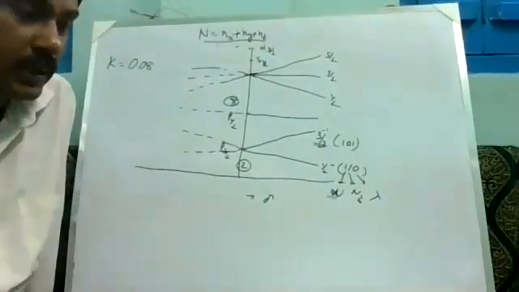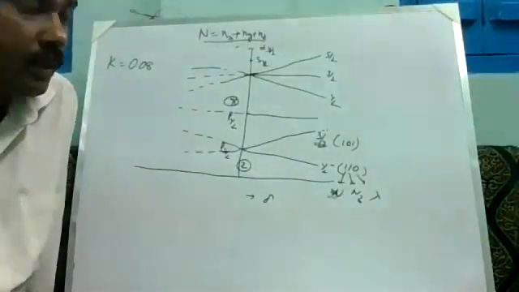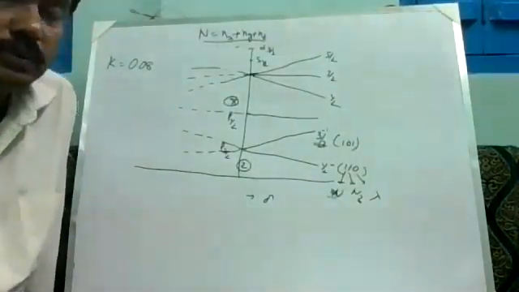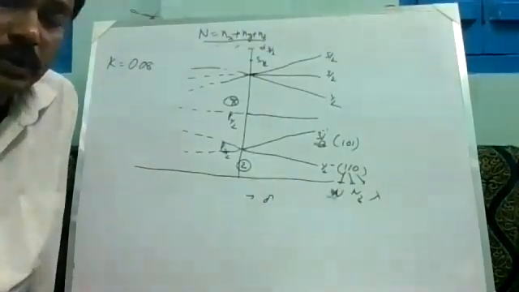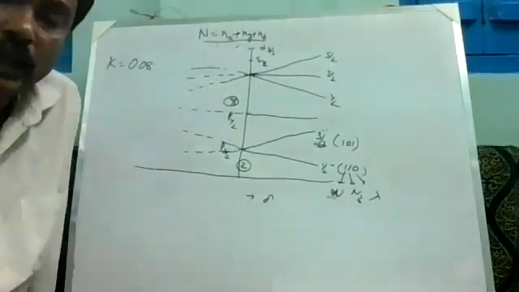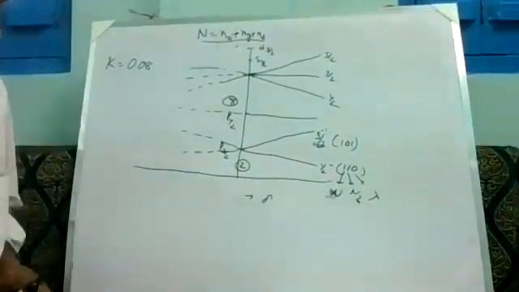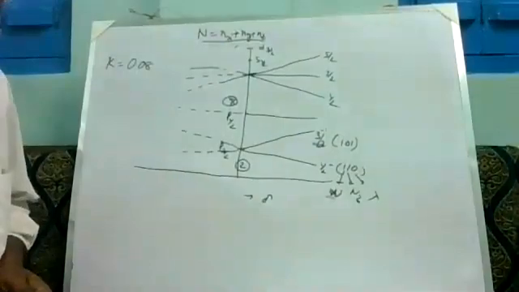Other models like collective models are also discussed, in which the collective motion of the loose nucleon and the rest of the nucleons have been considered.